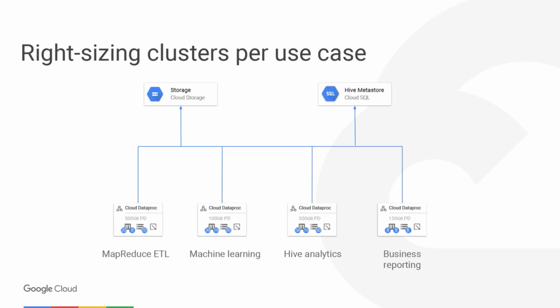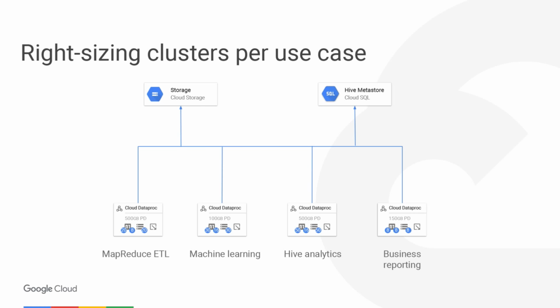I mentioned that you can create clusters that are scoped to specific use cases. So for example, a job that uses Hive may have a lot of different properties than a job that is maybe based on PySpark, or maybe you're using Spark ML and you want to use GPUs. Well, if you're using something like GPUs with Spark, you probably don't need those GPUs when you run your Hive work.